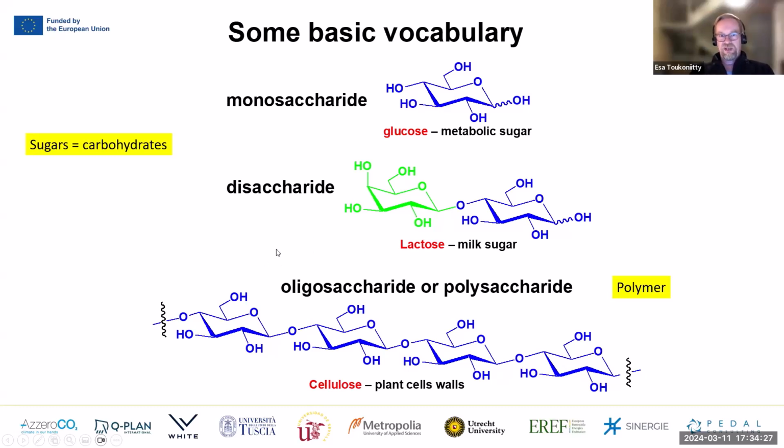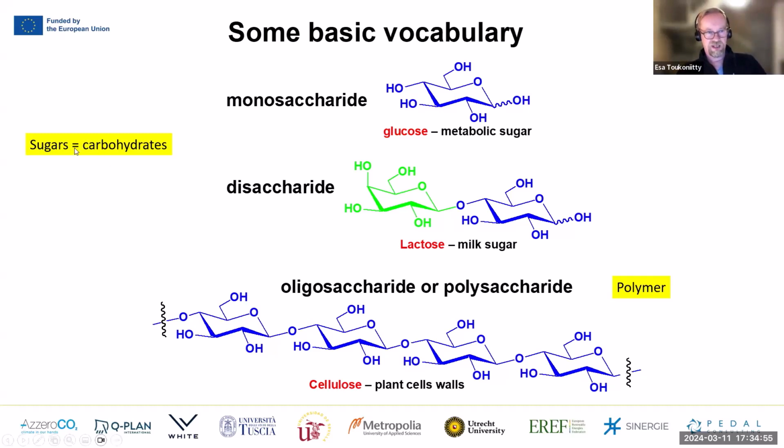If there are three, it's tri, tetra, etc. If there are quite many, one can say oligo. And if there are hundreds or thousands of these sugar monomers, then we talk about polysaccharides or sugar polymers.